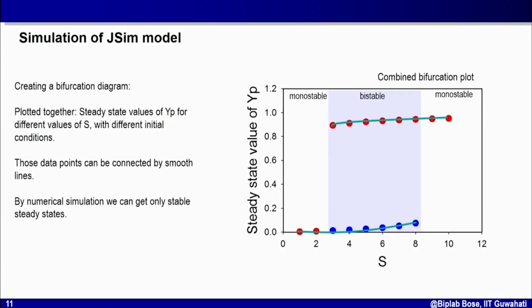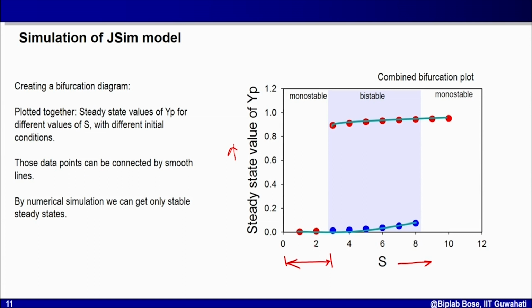What I have done is merge those two data sets and combine them in a single bifurcation plot. So this is my complete bifurcation plot, with s on the horizontal axis and the steady state value of yp on the vertical axis. You can easily see that up to this region the system, irrespective of the initial condition, has only one option, the lower steady state.